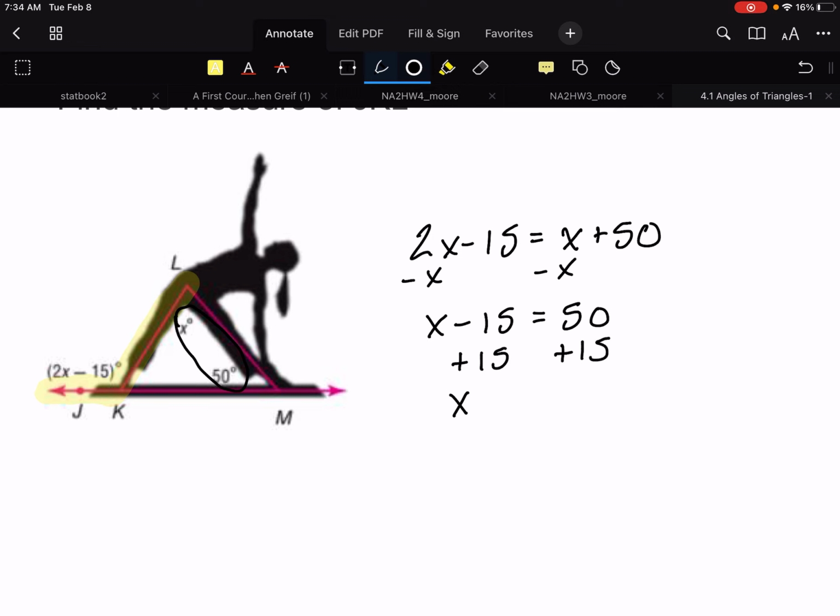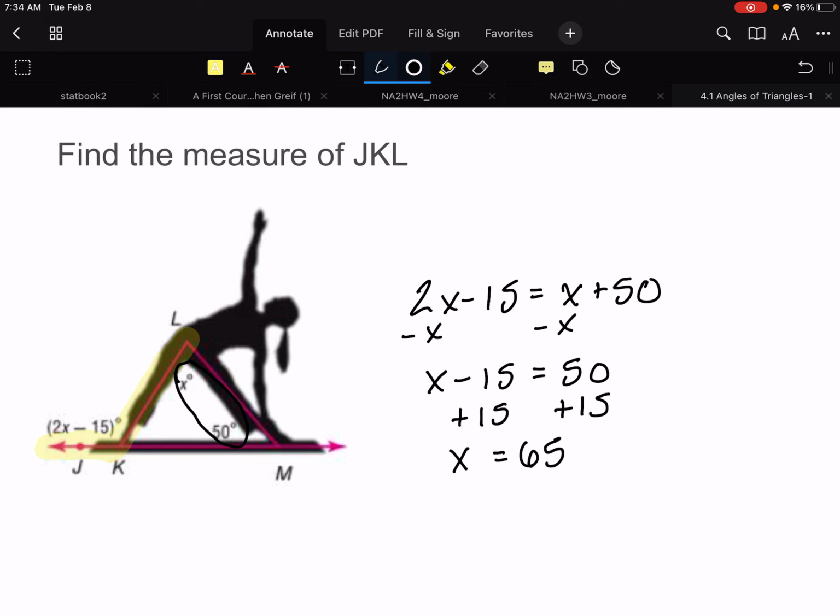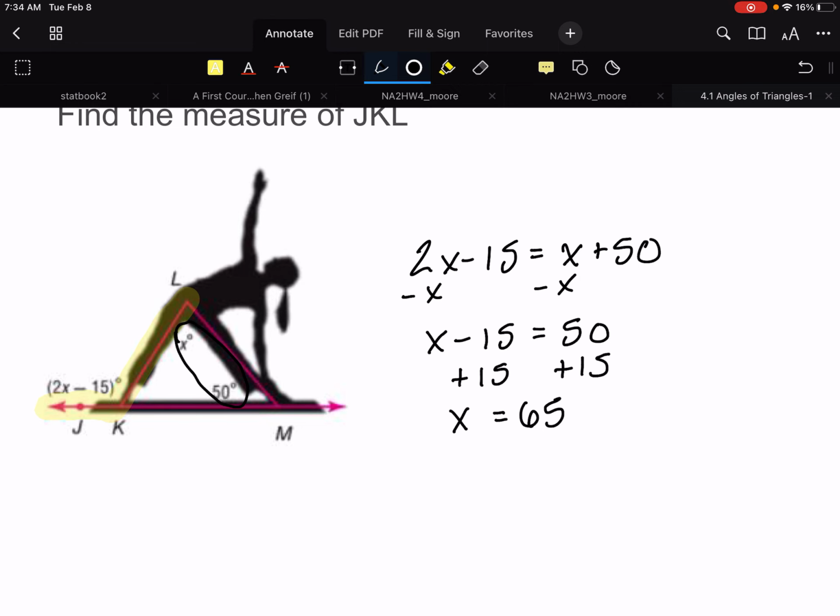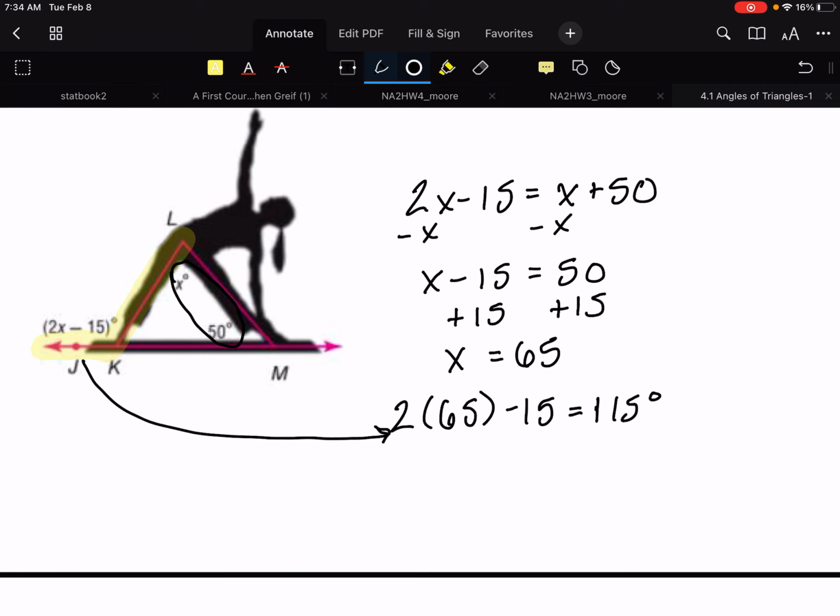So now I know that x is equal to 65. And it wants to know what is that angle. I'm looking for the measure. I don't want what x is, so I'm going to plug it back in. So I'm going to have 2 times 65 minus 15. And that is going to give us 115 degrees. That's it. That's all it wants.